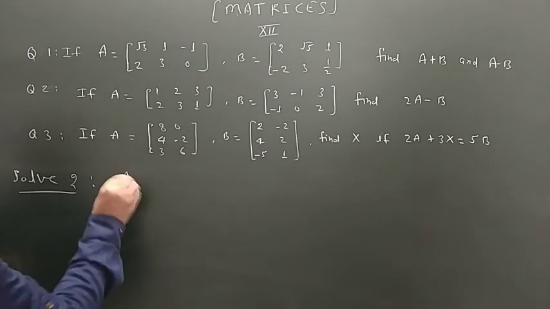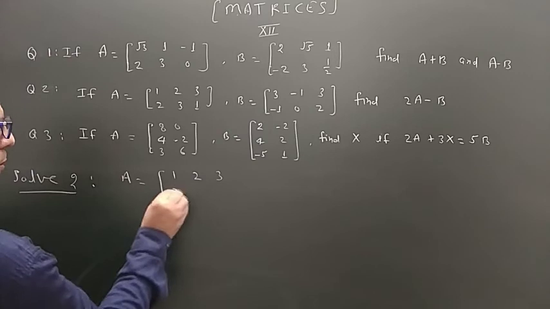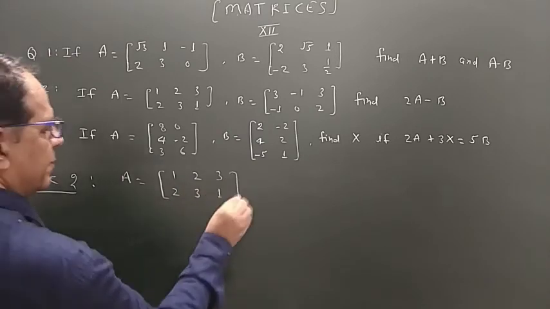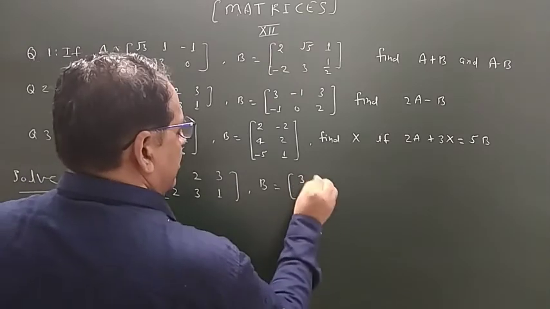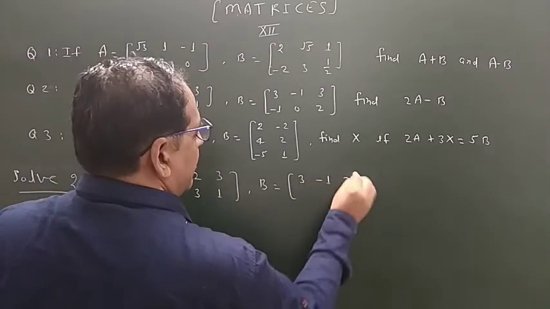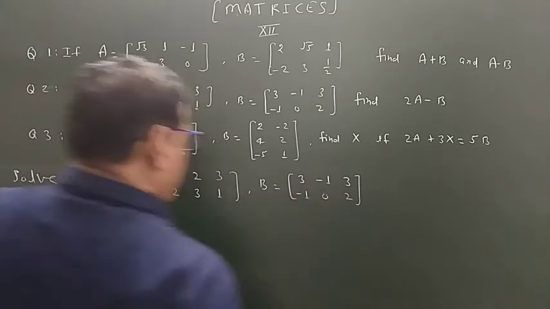So A equal to [1, 2, 3; 2, 3, 1], B equal to [3, minus 1, 3; minus 1, 0, 2].